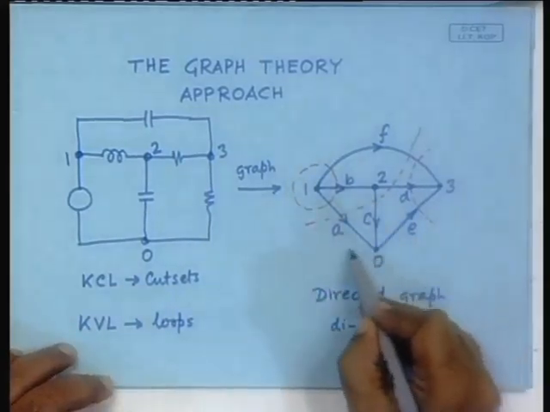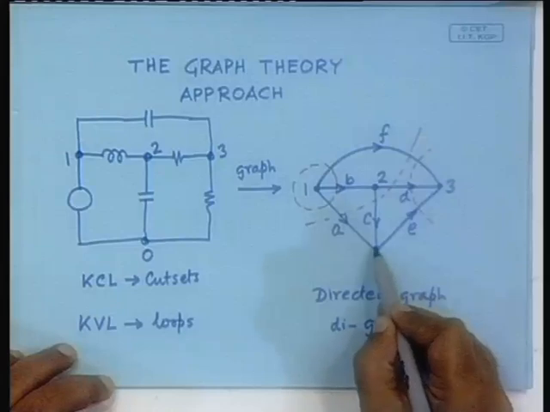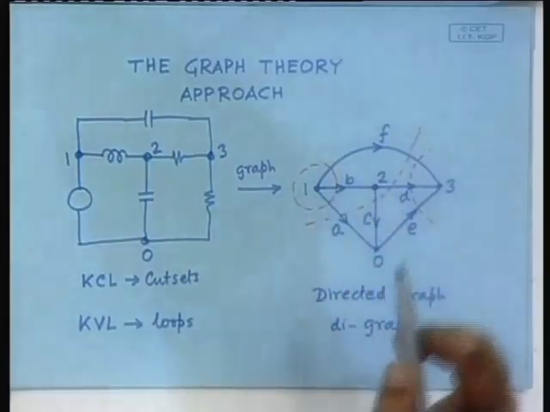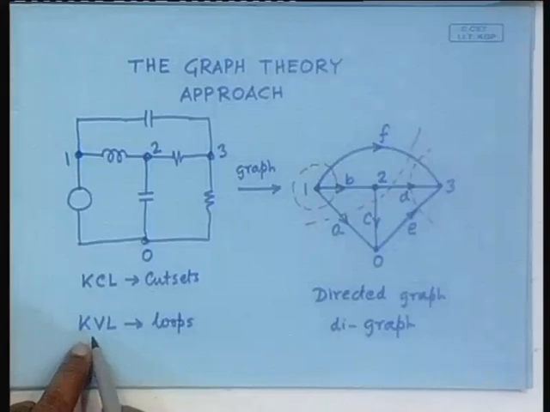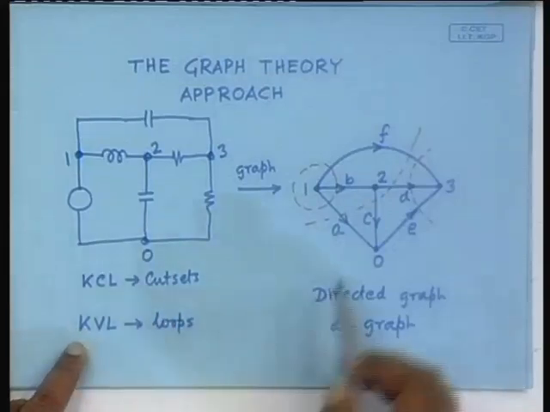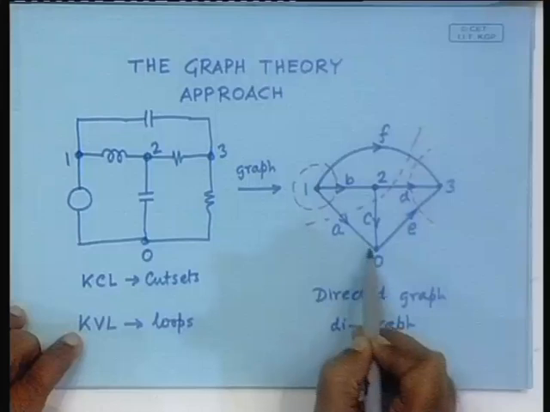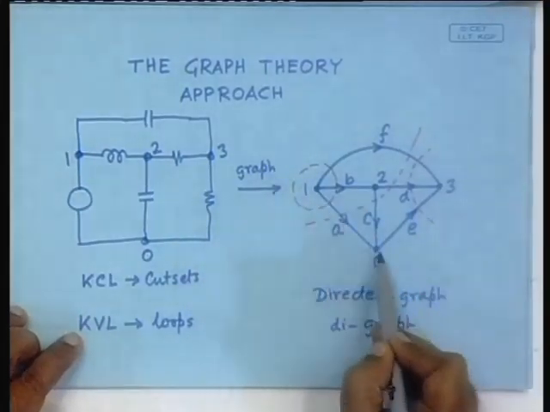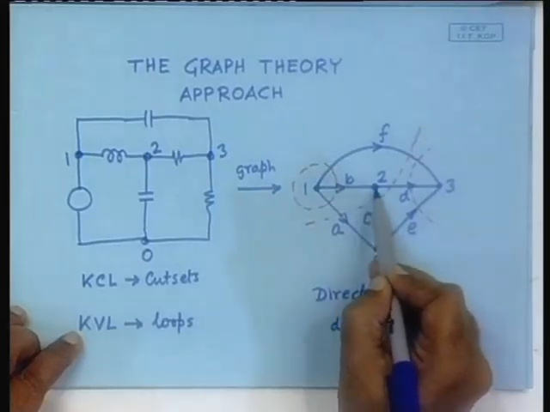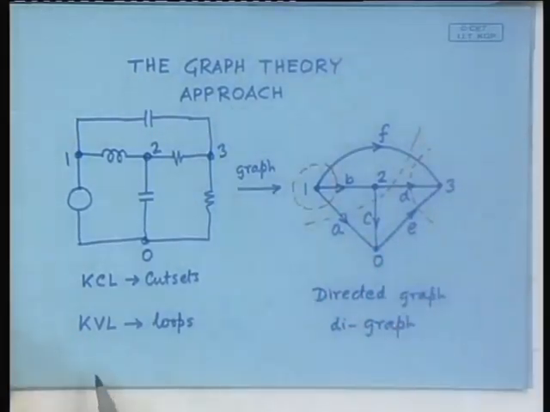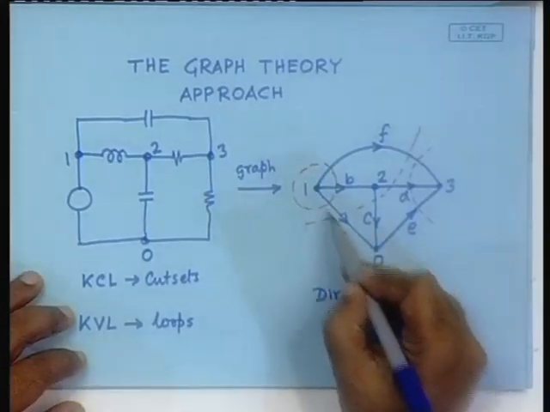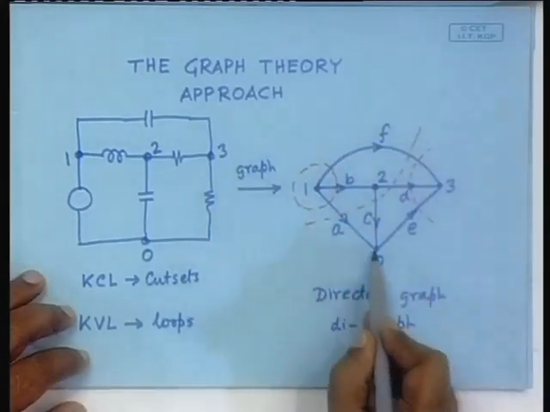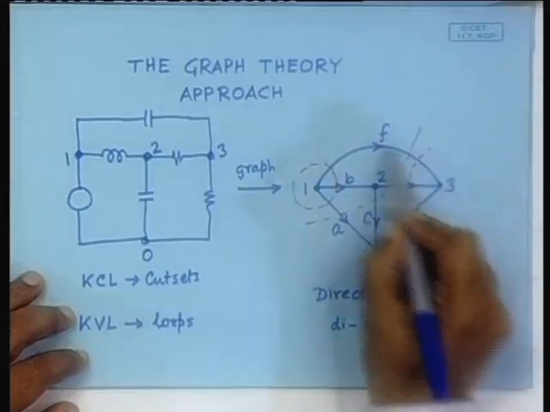So, in all the loops, VA plus VC plus VB equal to 0, but notice here, while you do it on the loops, you will have to traverse either the anti-clockwise direction or the clockwise direction. For example, if I want to write the KVL equation for this loop, I start from here, VA minus VC minus VB equal to 0. Okay. If I do it on this loop, this is also a loop, VA minus VC plus VD minus VF equal to 0.